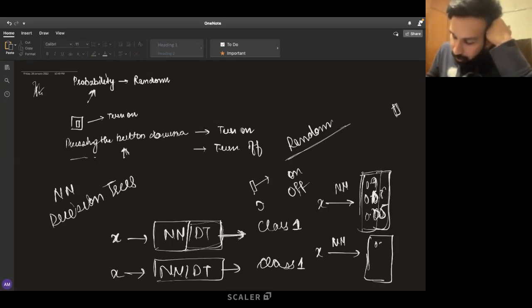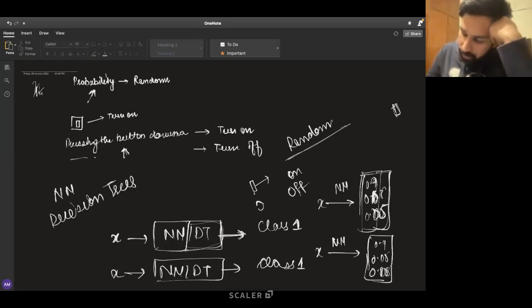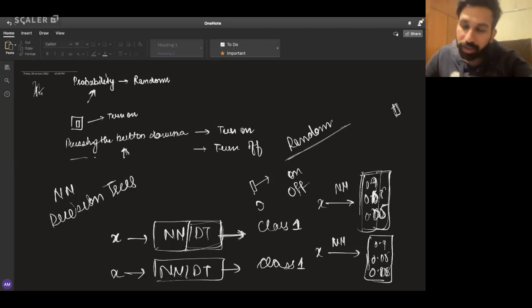No, you'll get the same probabilities. I am not saying that this model is non-deterministic because we are getting probabilities. Let's not think of it that way. What I'm saying is, are the probabilities the same or not, or are they random? They're not random, right? They're deterministic.